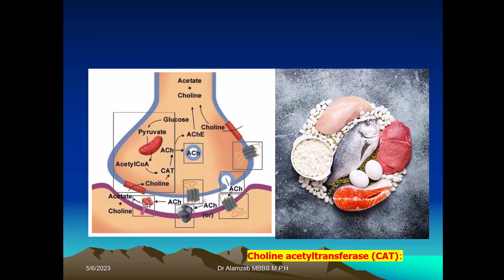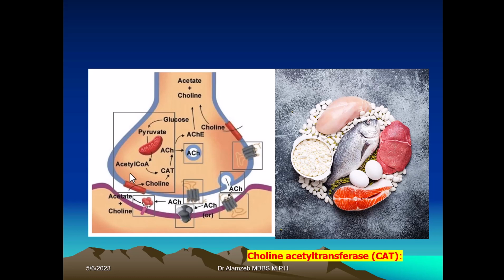Now, as we have discussed, where does the choline come from and how is acetylcholine synthesized? From the food, protein-rich food, the choline comes, and by the choline pump it is taken inside the nerve terminal.